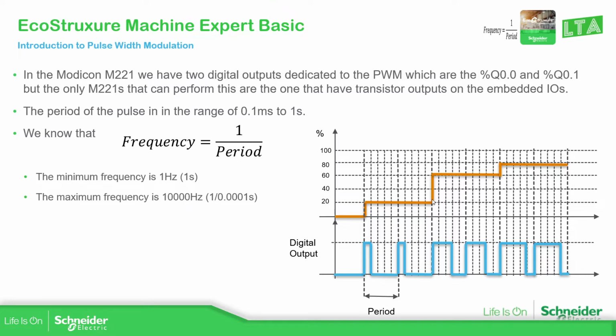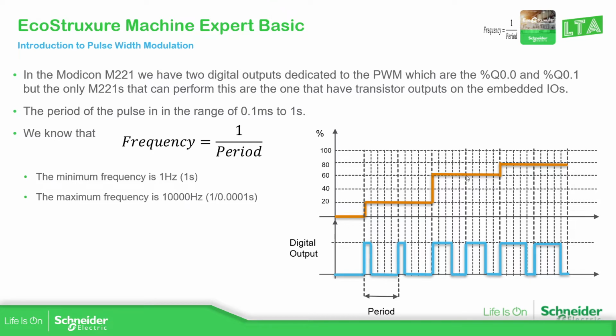Then in this case I have 60, the value 60 for the duty cycle on the function block. So if we divide the period again in 5, you can see that 60% of the period is going to be true, and the other 40% is going to be 0.